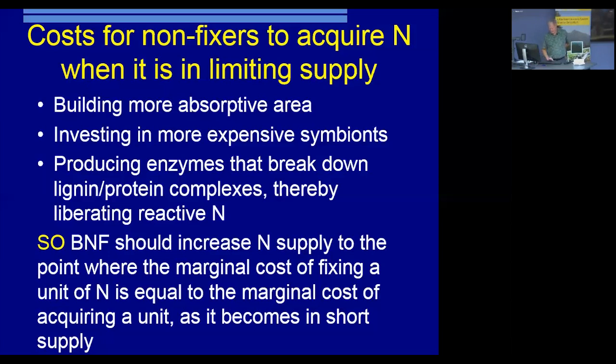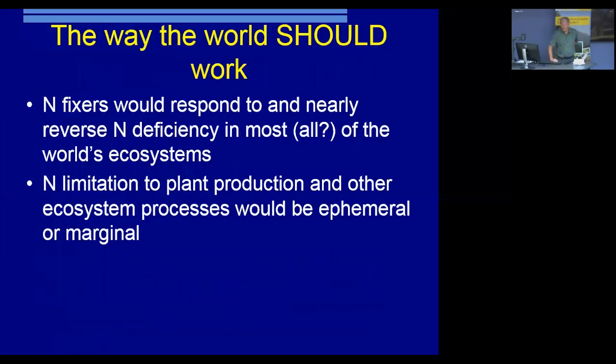And so the way that it seems like the world should work is that nitrogen fixers would respond to and nearly reverse nitrogen deficiency up to that marginal cost trade-off in most of the world's ecosystems. And so nitrogen limitation to plant production and other ecosystem processes would be a transitory or a marginal phenomenon.